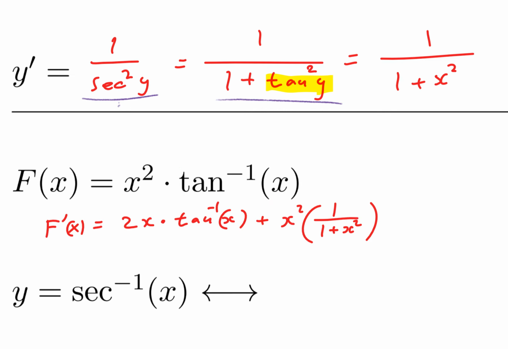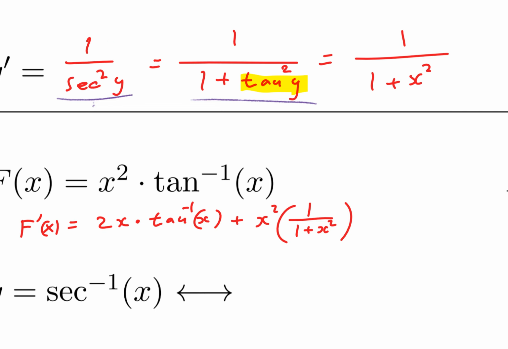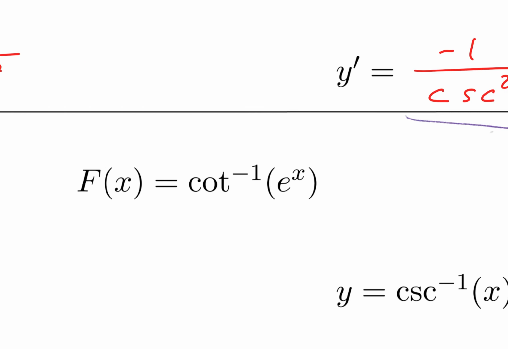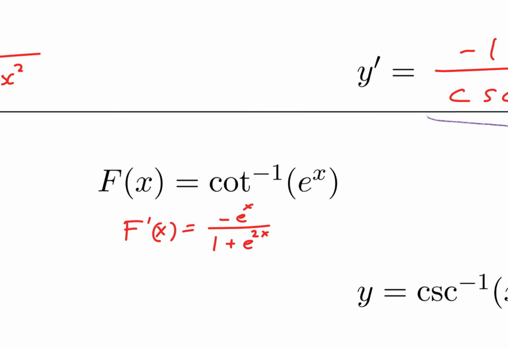We could simplify this down, but I think this is good enough. We'll just leave it like this. And so for the next one, notice this is a chain rule problem, and we'll just be applying the derivative of cotangent, and we'll get the result right here, negative e to the x over 1 plus e to the 2x, where again e to the 2x is simply e to the x squared.